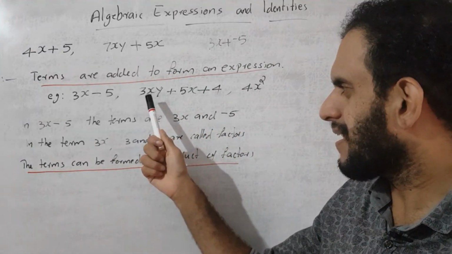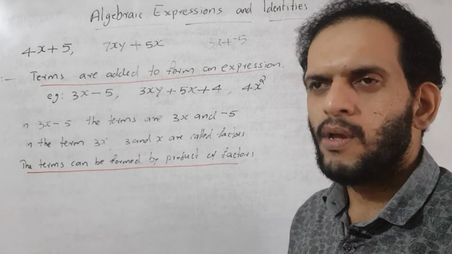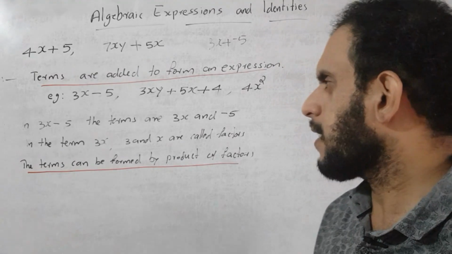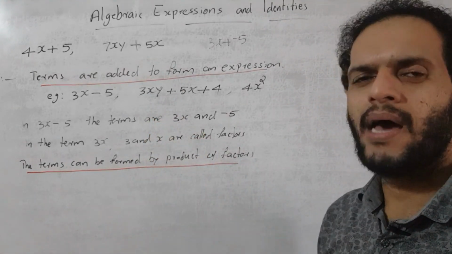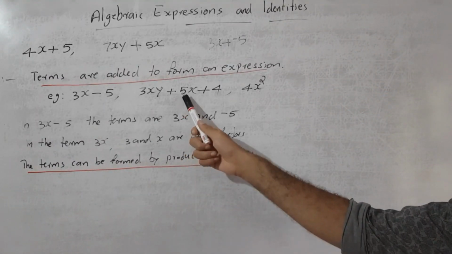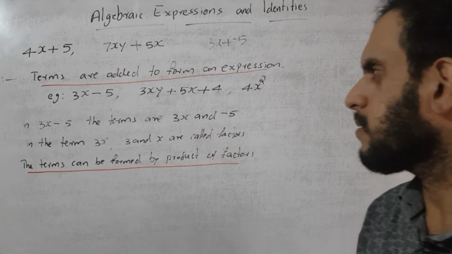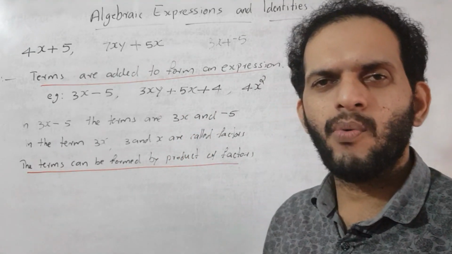In the term 3xy, what are the factors? 3, x and y are the factors of 3xy. Okay, the term 5x, what are the factors? 5 and x are the factors of 5x.